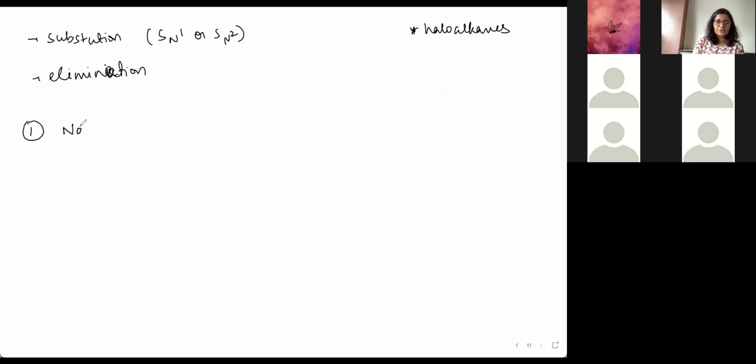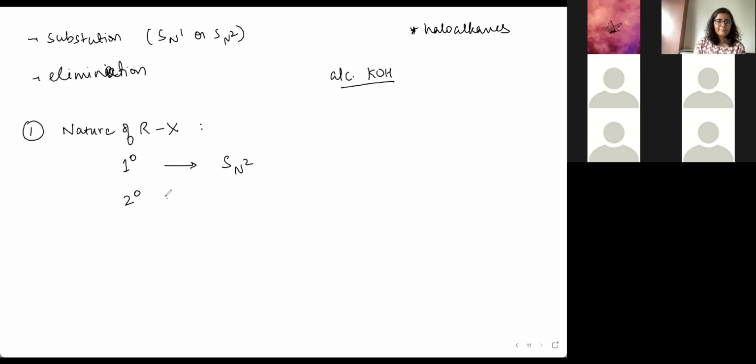First, look at the nature of the Rx. One is pretty obvious: if it's a strong base, like alcoholic KOH, it's pretty obvious that elimination will happen. But if you're not able to figure out the strength of the base, if you're confused whether substitution or elimination will happen, then follow these steps. Look at the nature of Rx, the alkyl halide. If it is primary, you can be sure that it's going to follow the Sn2 mechanism.